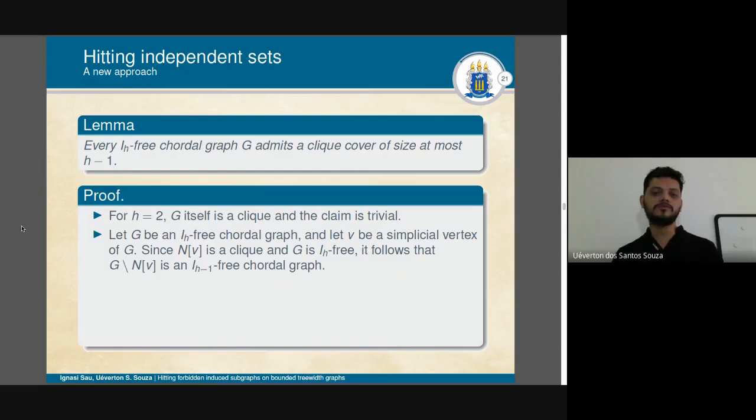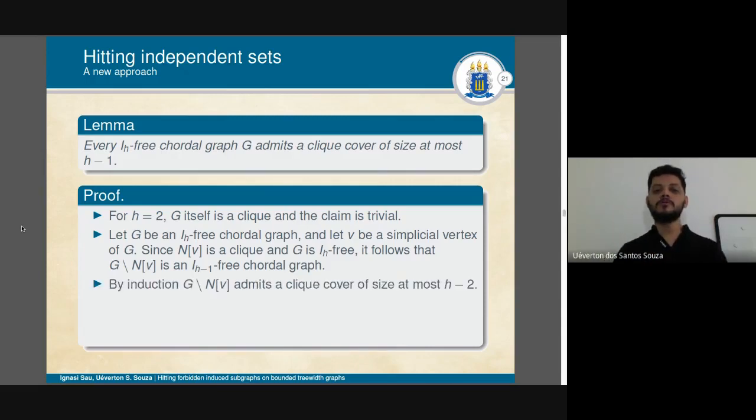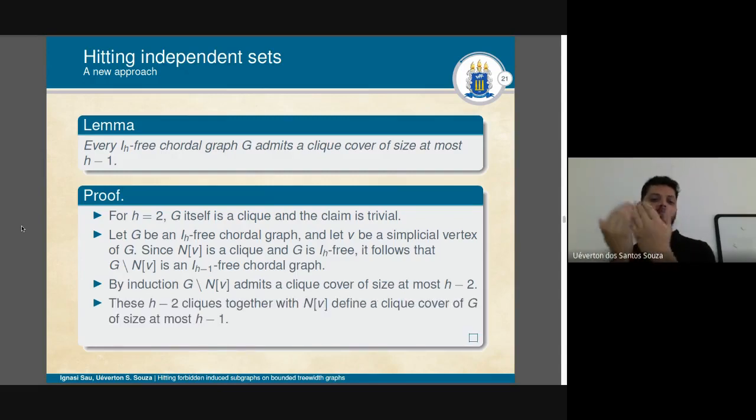It must also be free of independent sets of size h minus 1, because the remaining vertices are in the non-neighborhood of the vertex v. So by induction, the remaining graph has a clique cover of size h minus 2, then the graph has a clique cover of size h minus 1.